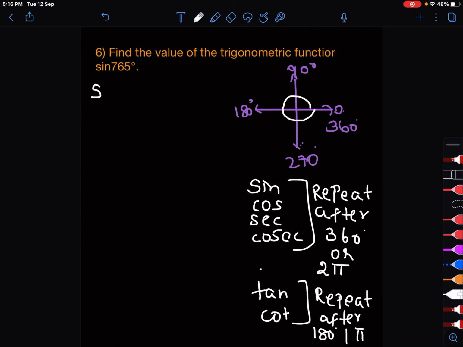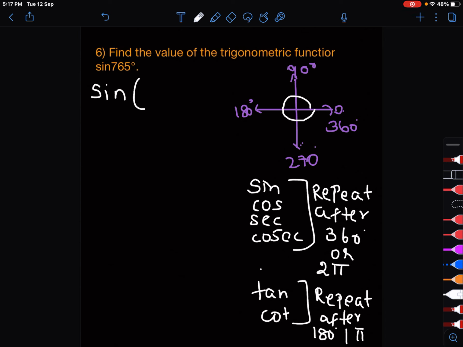Now here they are asking us sine 765. So we need to see how many 2 pi's can come, because sine repeats after 2 pi. So 2 pi means twice of 360.